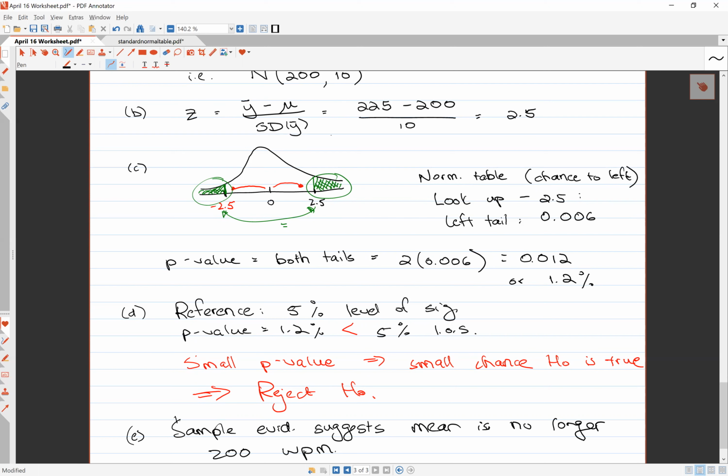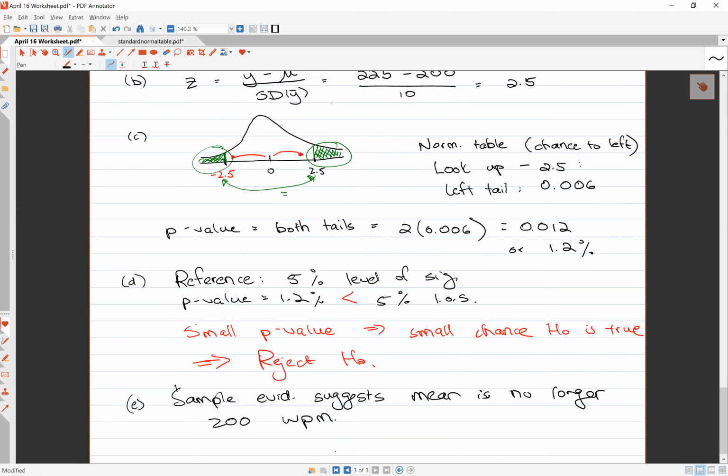So the conclusion that's appropriate and consistent with that says the mean is no longer 200 words per minute. Using the curriculum has likely changed the average reading speed.